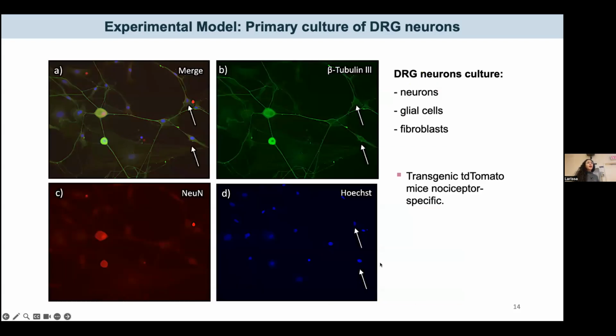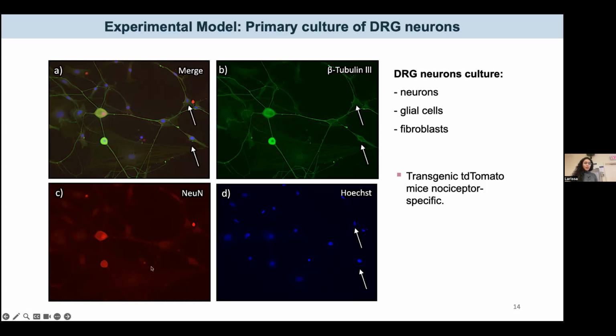It's also crucial to highlight that the DRG culture comprises a complex mixture of different cell types, including neurons and non-neuronal cells, such as glial cells and fibroblasts. Therefore, we will also employ specific markers to differentiate the cell types. One of the tools we've used is the NeuN antibody, which labels the nuclei of neurons.